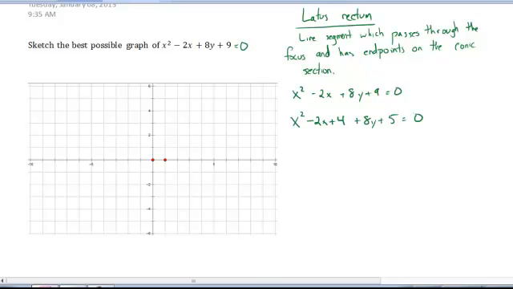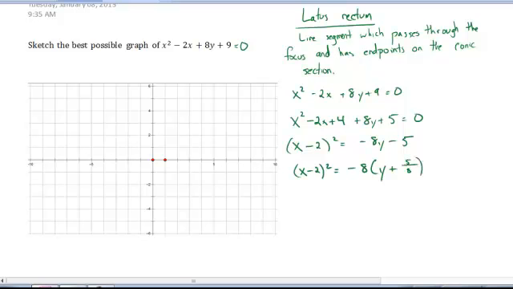Oh, I don't particularly care for those numbers, but it will be all right. So we get x minus 2 squared equals minus 8y minus 5. And ultimately, I'm going to get x minus 2 squared equals minus 8 outside of y plus 5 over 8.